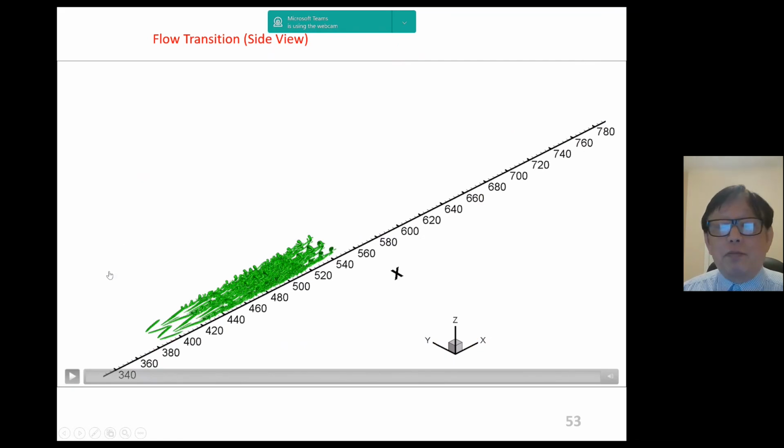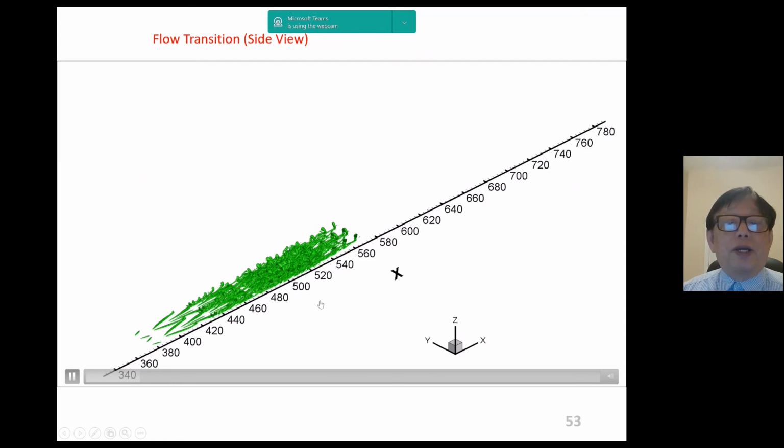Now, let me show some movies for the fluid transition on the boundary layer. This is from the side view. We can see lambda vortex, hairpin vortex, ring generation, and they lose symmetry and become chaotic breakdown.